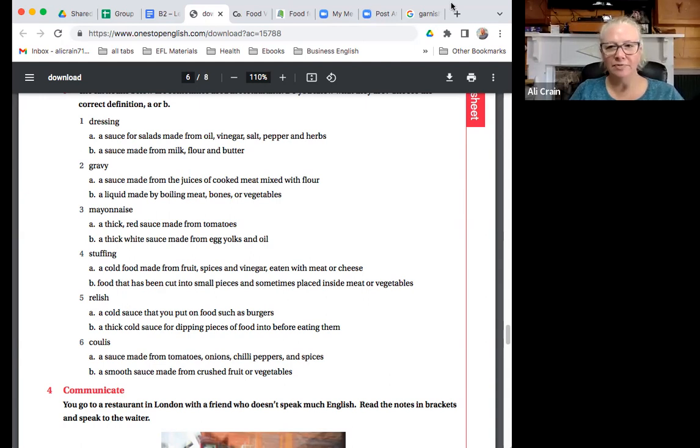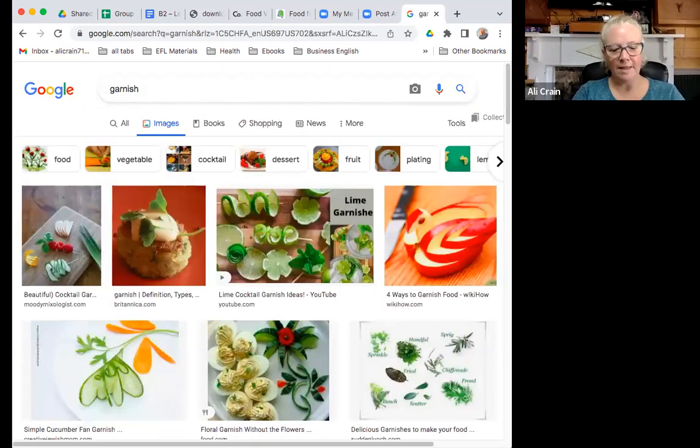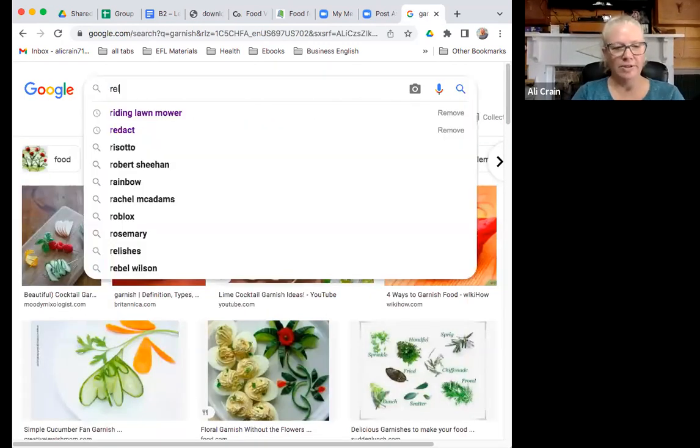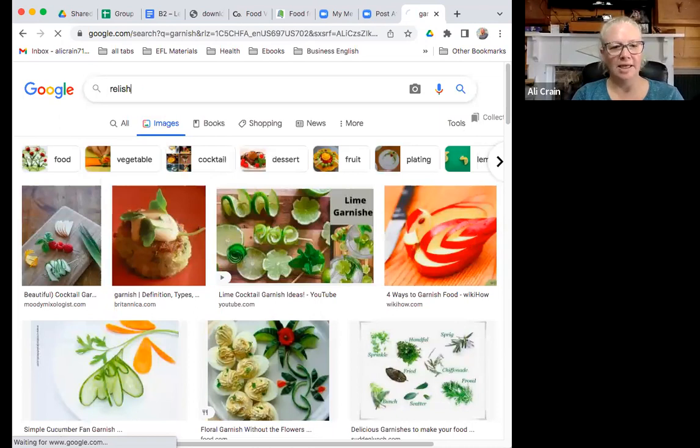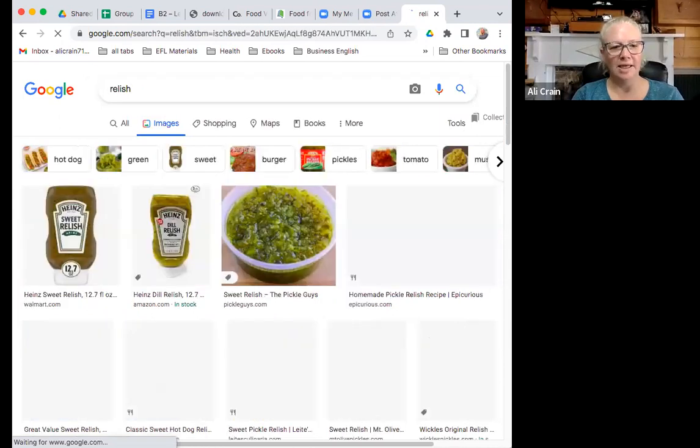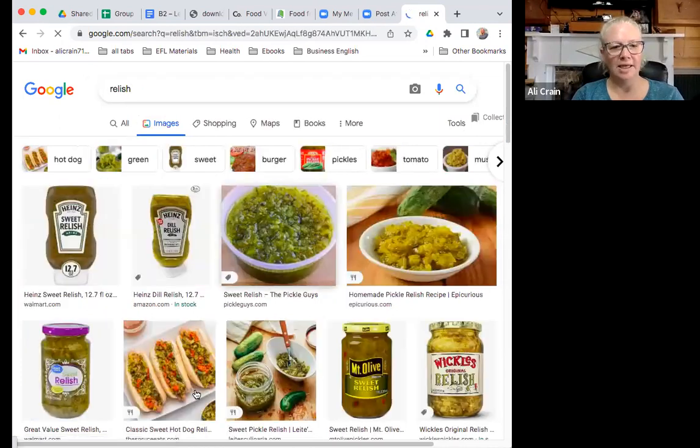Let me see if I can find a picture of it real quick. We use it for burgers or hot dogs, because those are the main things that we put it on. It's usually made from pickles and a few other things. So a pickle relish is what we would call it also.